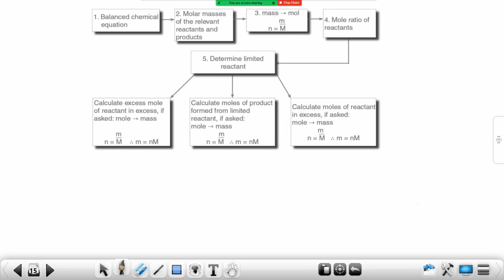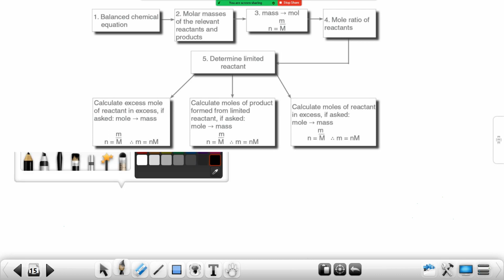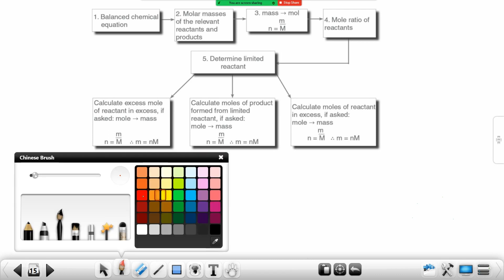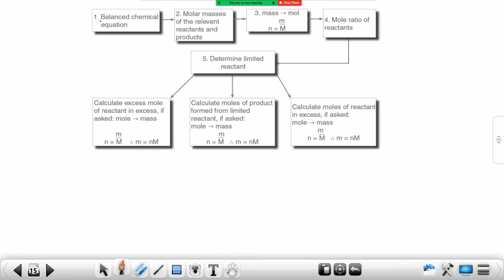What am I saying? All the questions that are going to come in an exam, in most cases, will follow this particular approach. But there's one key thing that we already know, about the balanced chemical equation.